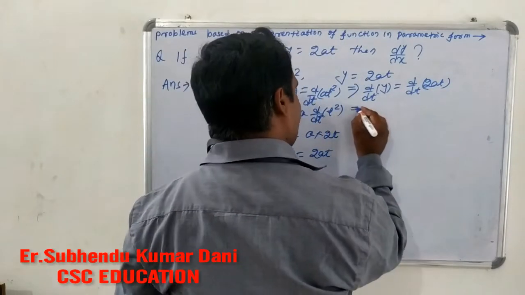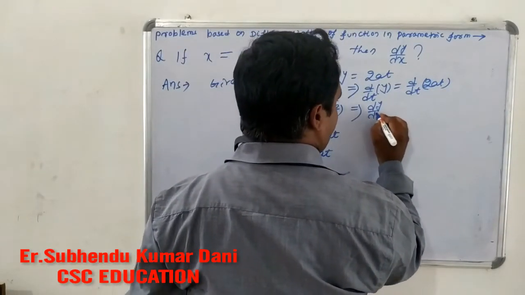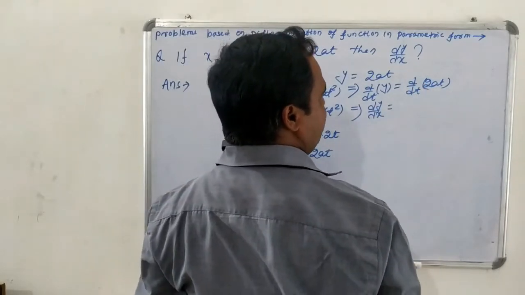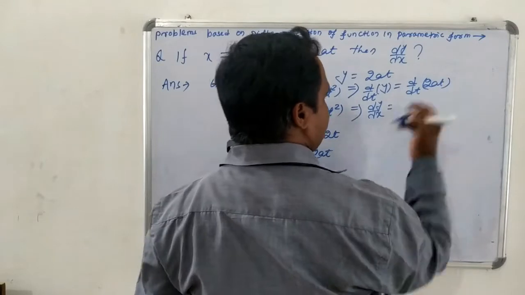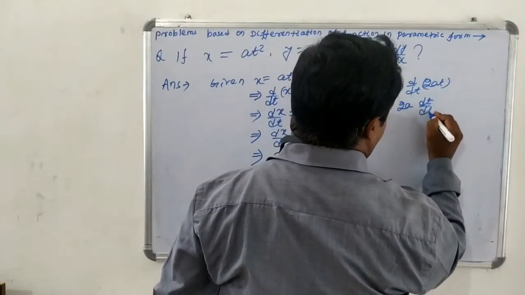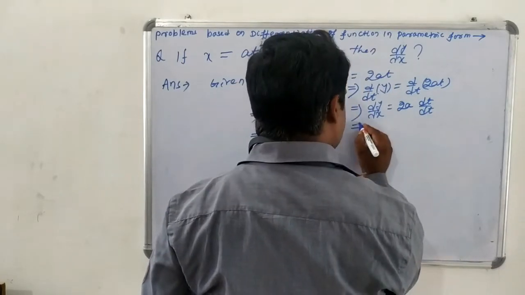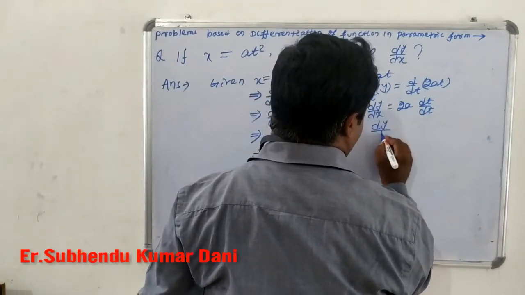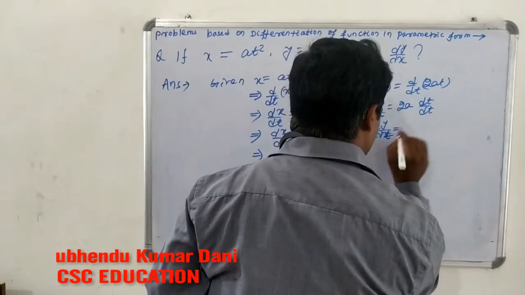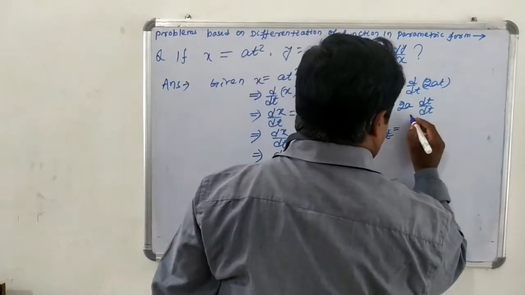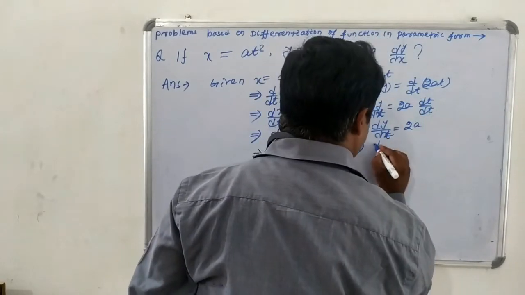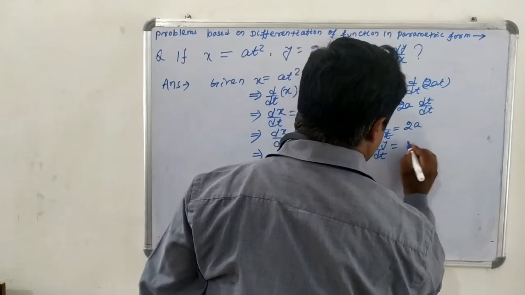Here 2 is a numerical constant and a is also a constant, so it is 2a times d by dt of t, and the value of dt by dt is 1. So 2 into 1, therefore dy by dt equals 2a.